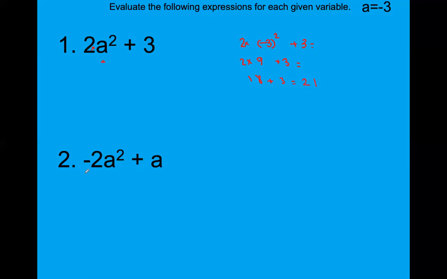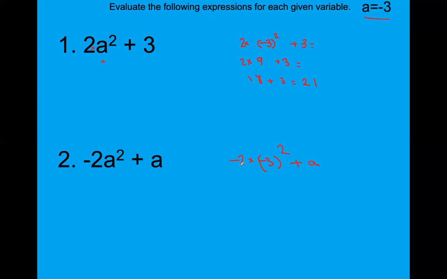Here, let's find the answer to this expression, again for a equals minus 3. So minus 2 times minus 3 to the power of 2. Can you see exactly the same strategy that we followed in the first example?